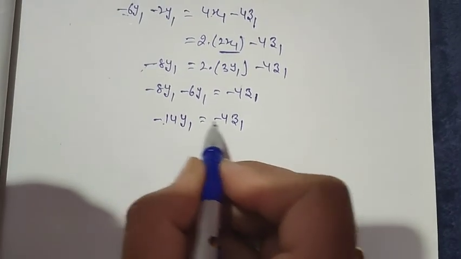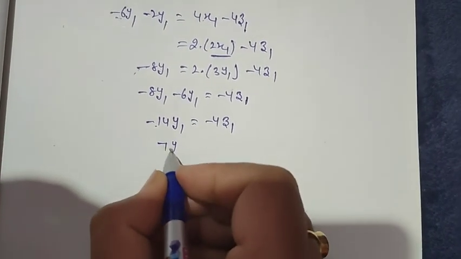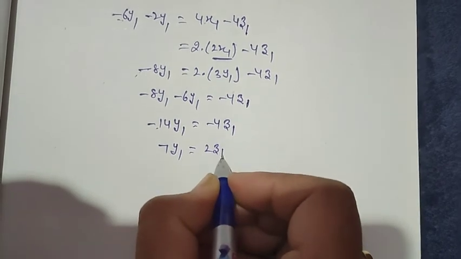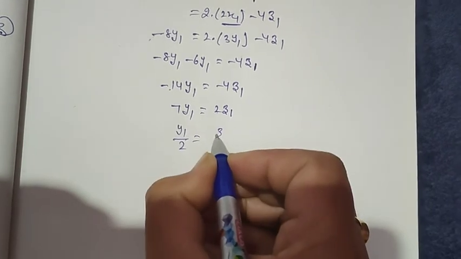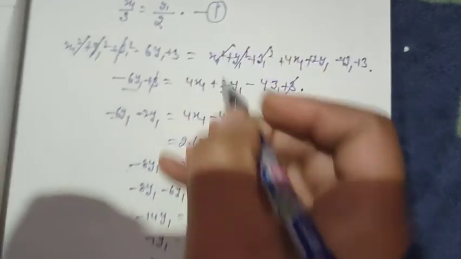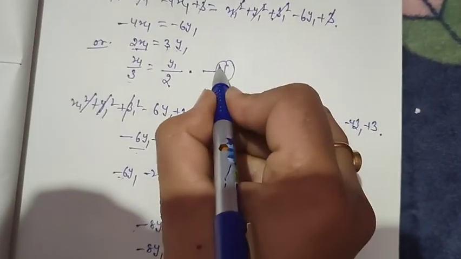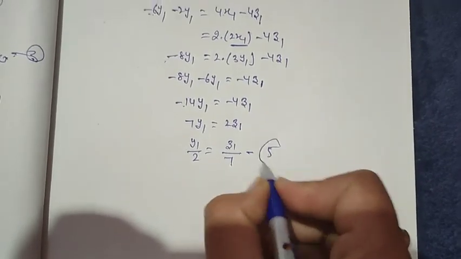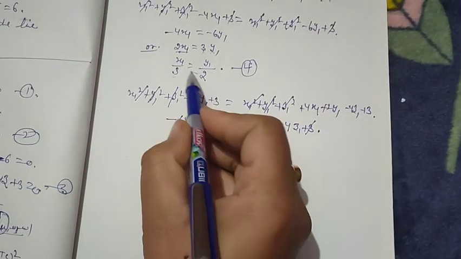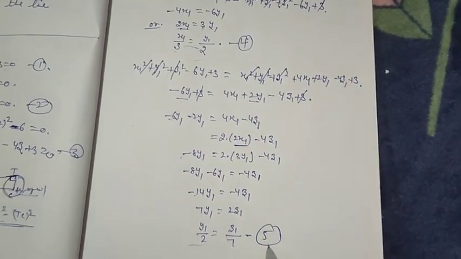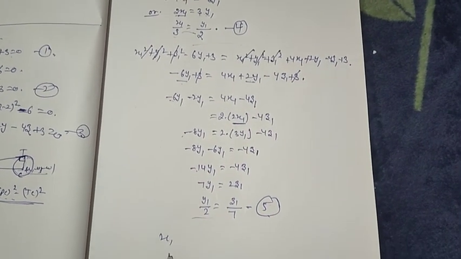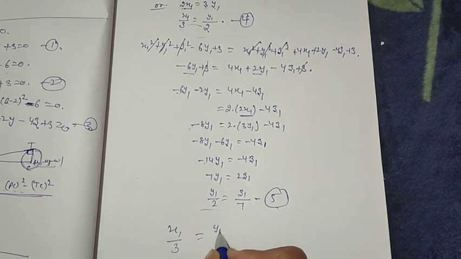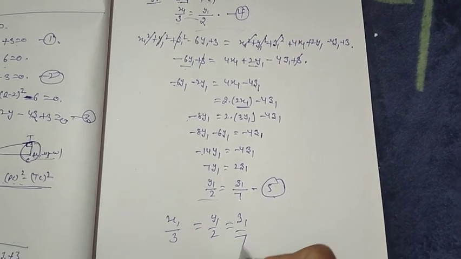The minus signs and the 2s cancel out, so 7y1 is equal to 2z1. We can write this as y1 by 2 is equal to z1 by 7. From the first and second relations, and the second and third relations, we get x1 by 3 is equal to y1 by 2 is equal to z1 by 7.